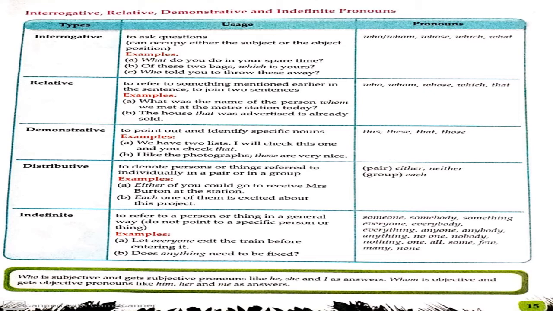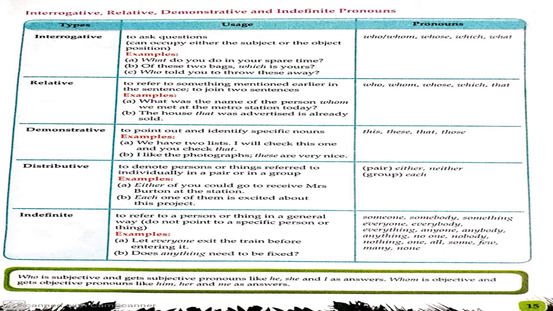Next, the house that was advertised is already sold. So here, that is a relative pronoun. Okay. Now next one is a demonstrative pronoun, to point out and identify specific nouns. Okay, whenever we are demonstrating something, then we use words like these, this, that, those.